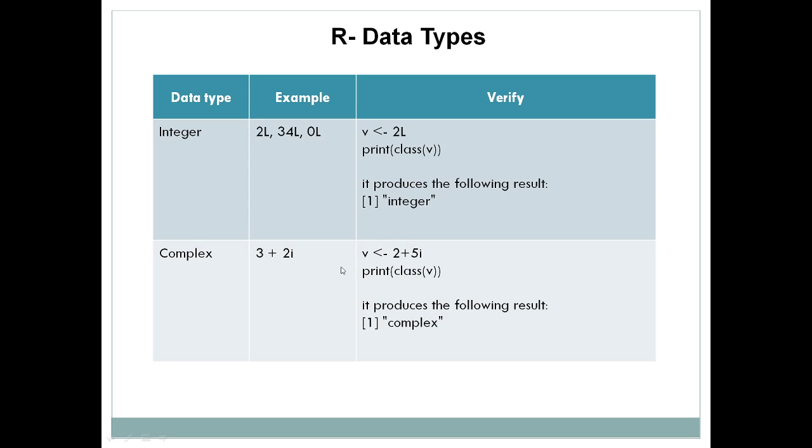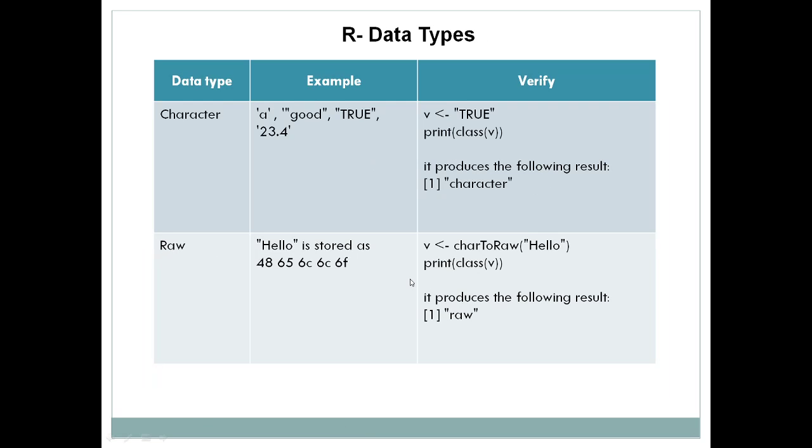See, in case of R, there is no need to declare a variable, just like in C, C++, Java, where before using a particular variable we need to declare it with a particular data type. But in this case, there is no need to declare a variable. Directly you can assign the value, and then later on you can check the data type. So in this case the data type is integer, in this case the data type is complex.